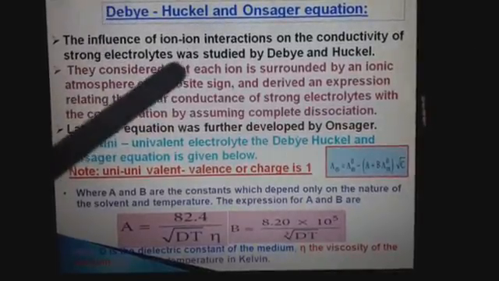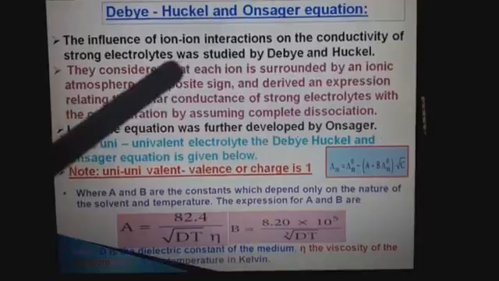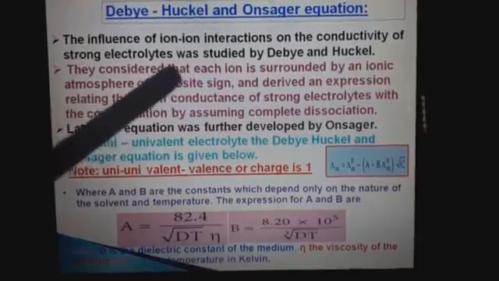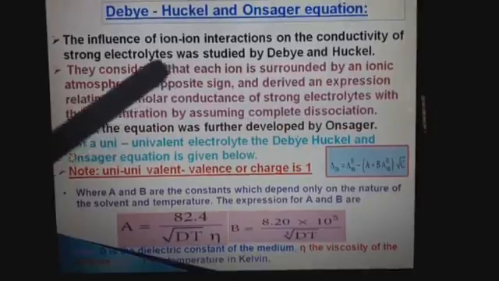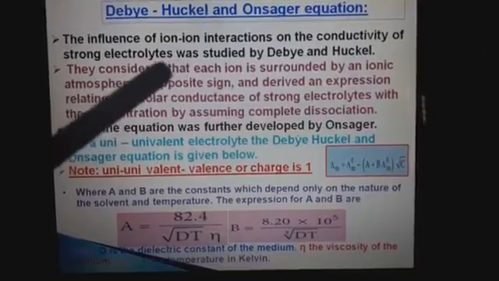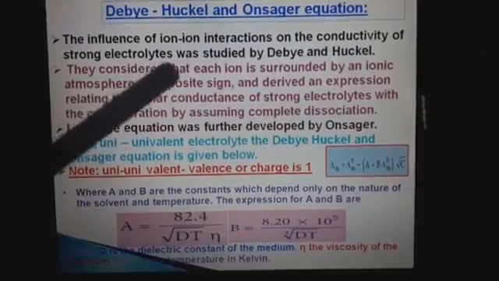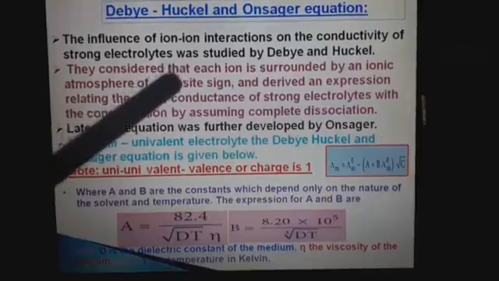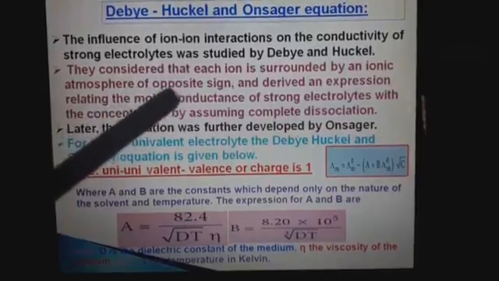Influence of ion-ion interaction means positive ions surround negative ions, and negative ions surround positive ions. This is the conclusion.